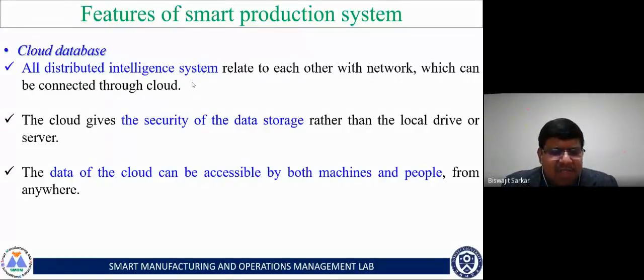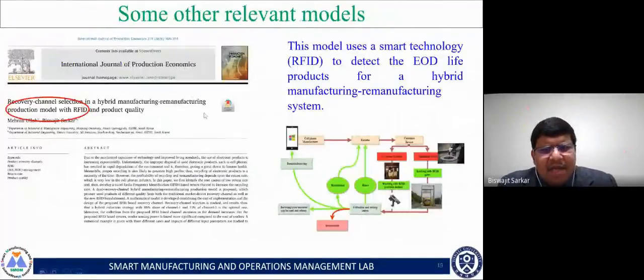I already said that the smart production system means that everything will be saved in the cloud database, not the local computer. The benefit is that at a time, the R&D sector, the management, and the people who are operating, everyone can access the machine and what is going on.